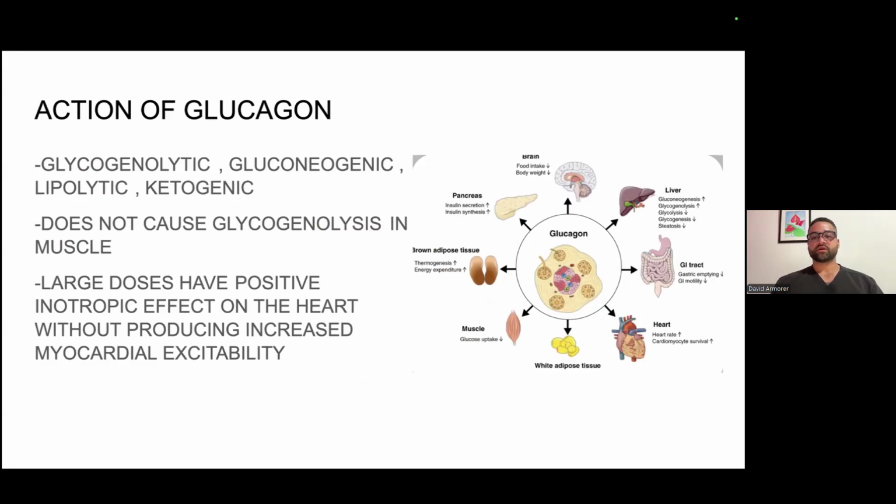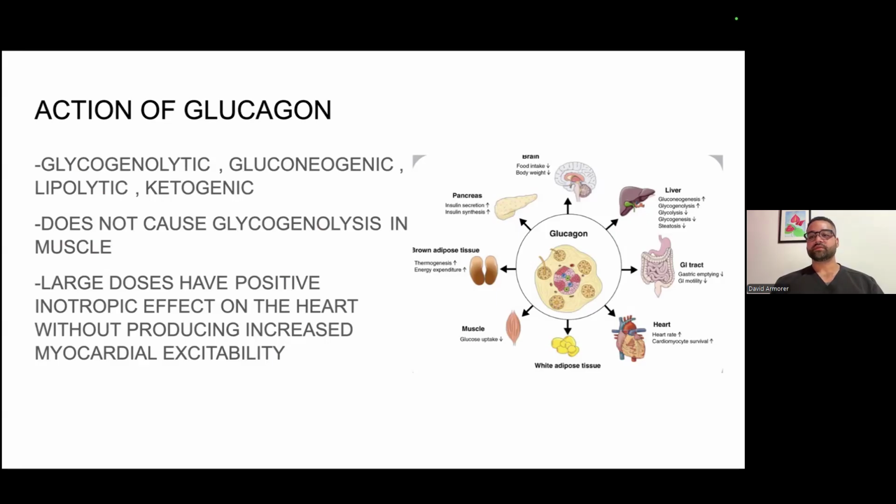Here's a small diagram to understand the effects of glucagon throughout the body. So you see the various effects. In brown adipose tissue, breakdown; in the pancreas, increased insulin secretion and increased insulin synthesis. In the brain, decreased food intake and decreased body weight.